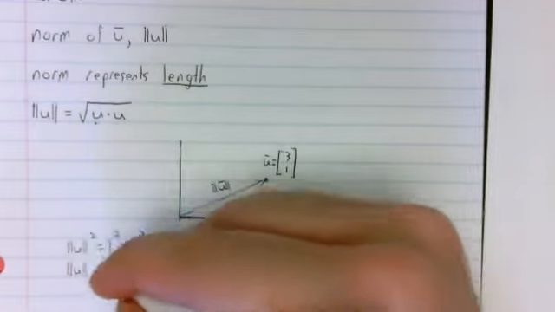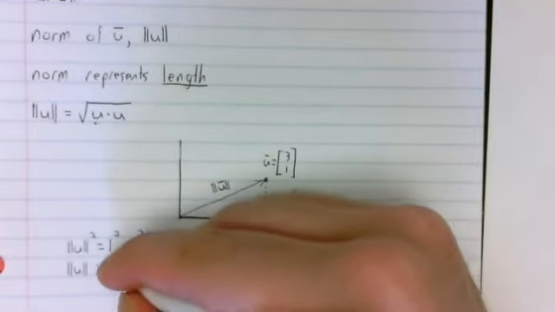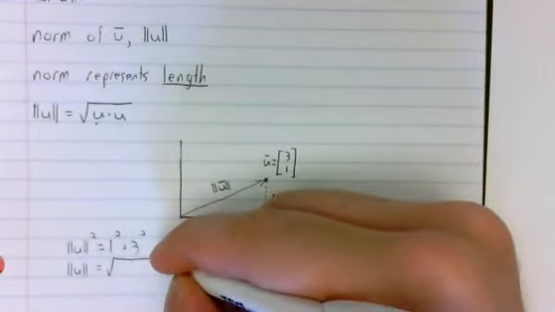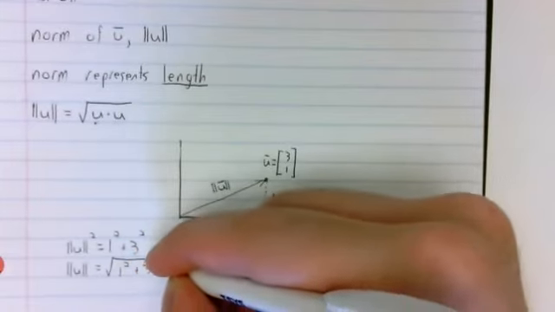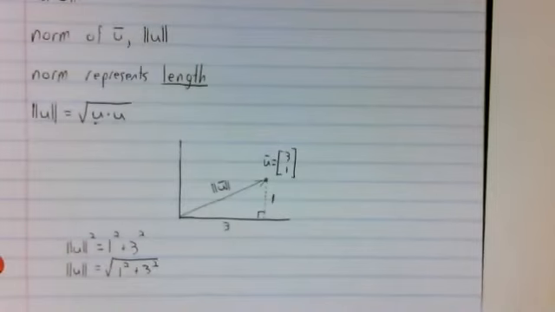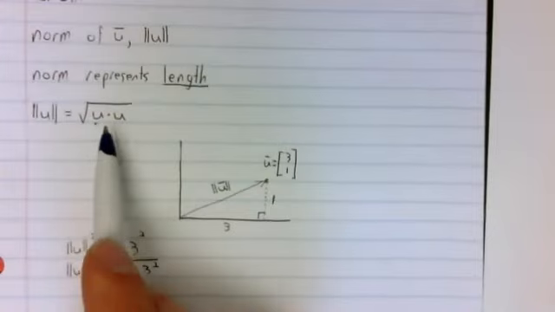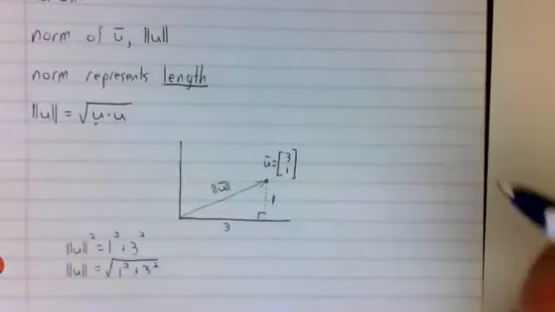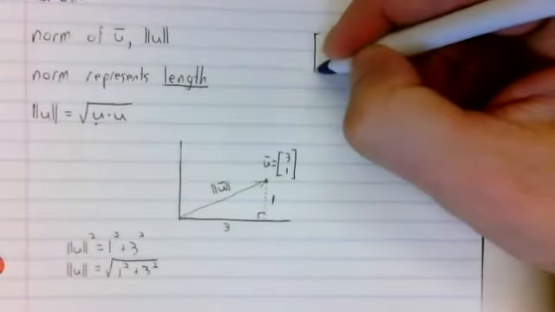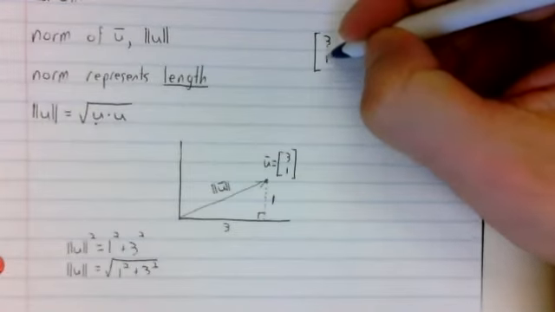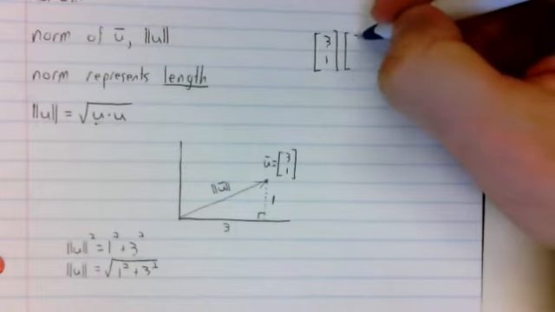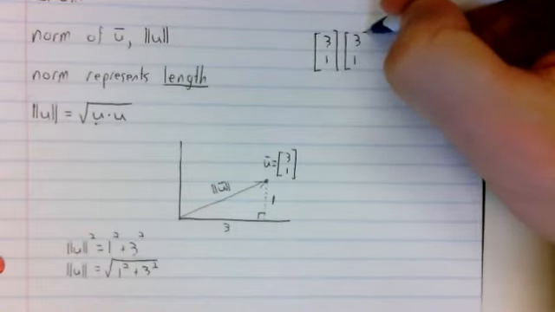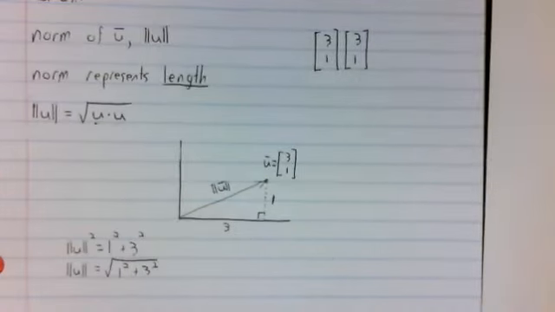The norm of U is the square root of 1 squared plus 3 squared. And what's U dot U in this case? Well, here's U. Here's U again.